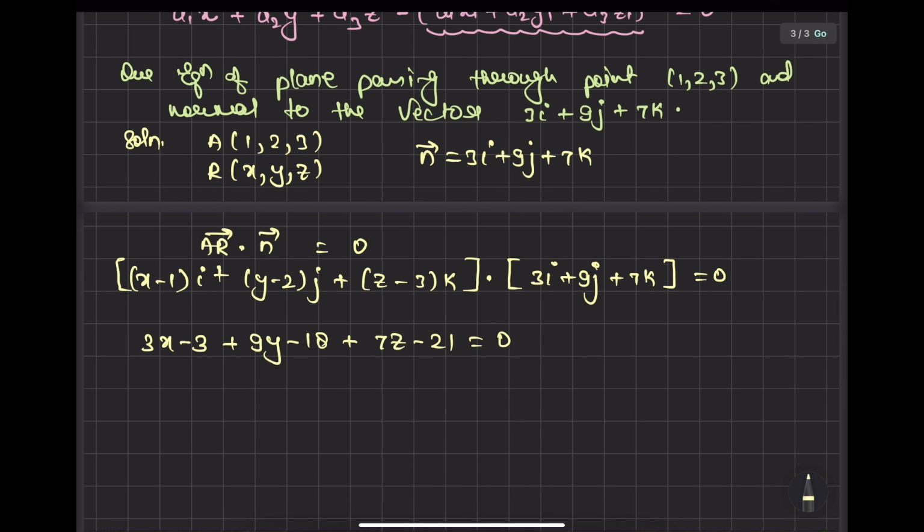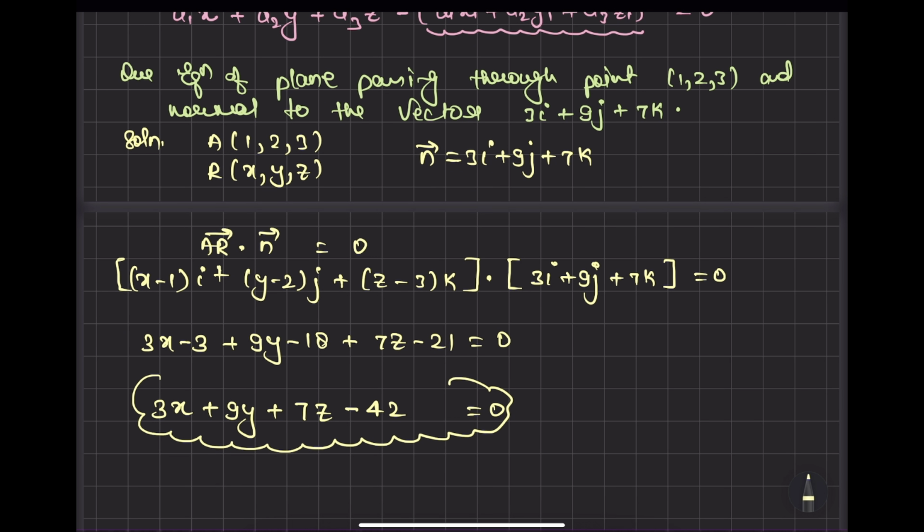And if you write down the variable part first, 3x plus 9y plus 7z. Okay, so it is 21 and 21, so it is minus of 42. So this is your equation of plane. Okay, this is your equation of plane.